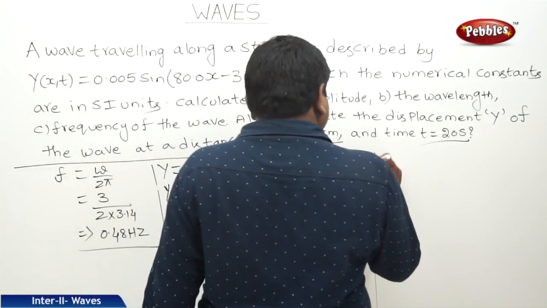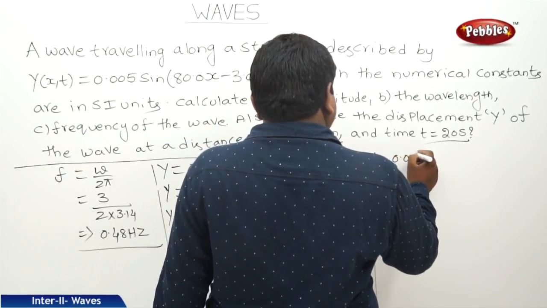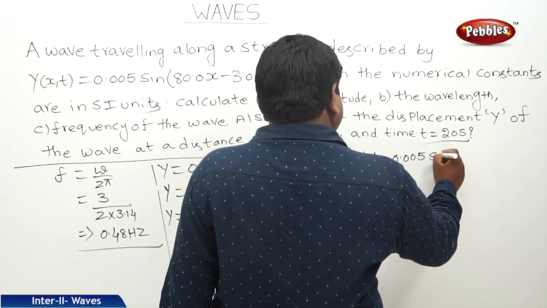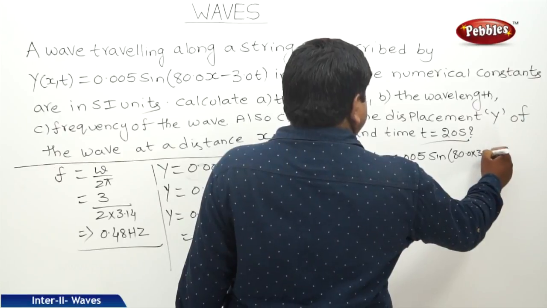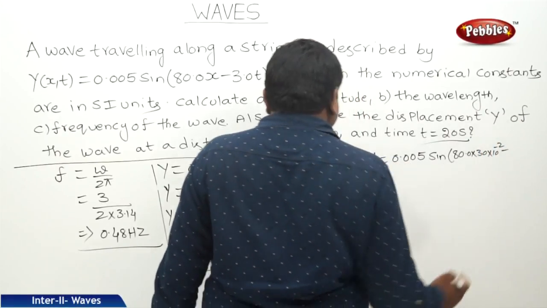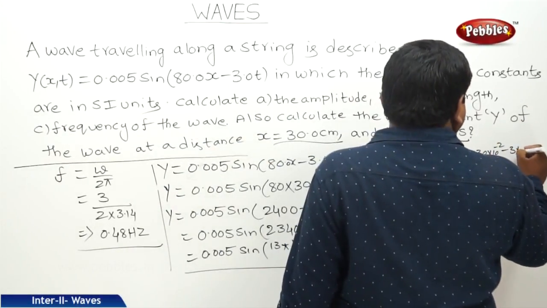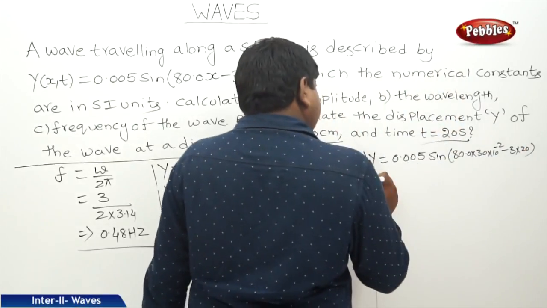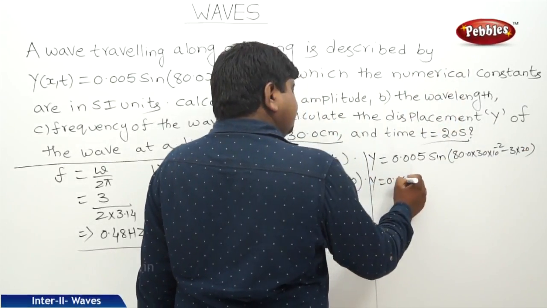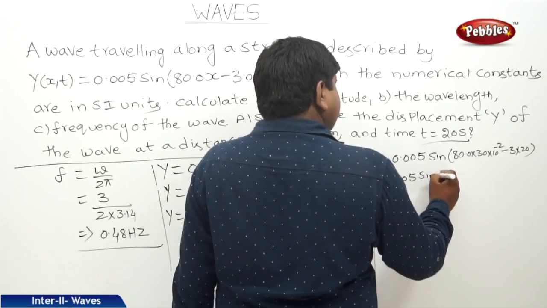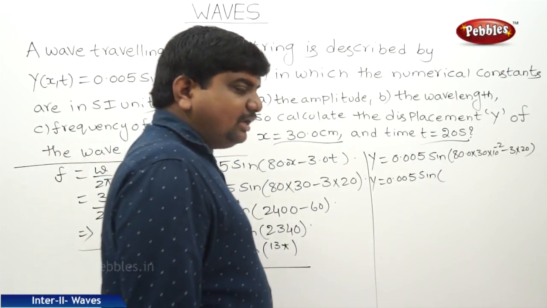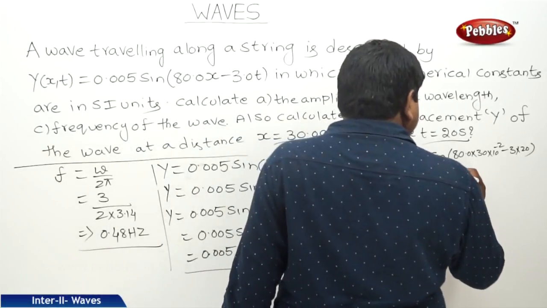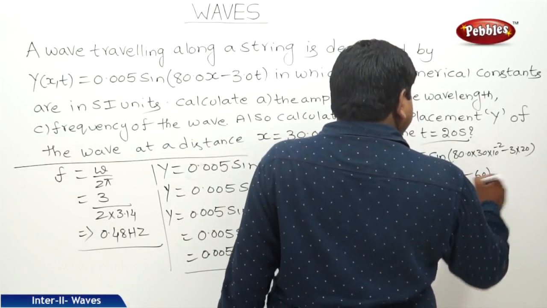Therefore, y is equal to 0.005 into sine 80 into 30 into 10 power minus 2 minus 3 into 20. So y is equal to 0.005 into sine 80 into 30, 2400 by 100, 24 minus 60.